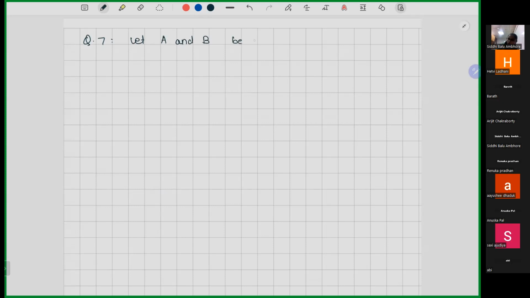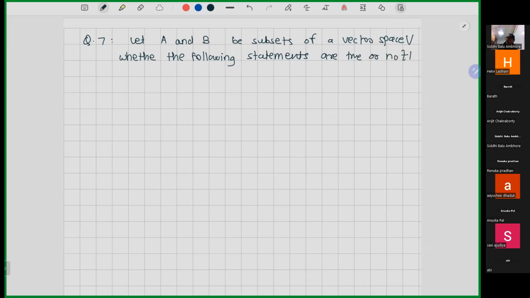We have subsets of a vector space V, and we want to check whether the following statements are true or not. Okay, whatever statements we write here, we want to check whether they are true or not.